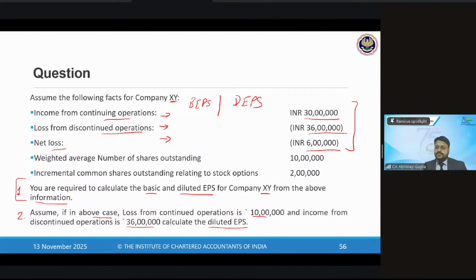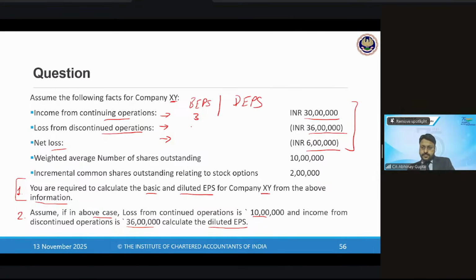What's the answer? I think it can be done even without a calculator. Yes, we have to ignore the loss from discontinued operations. So we will take 30 lakhs upon 10 lakhs weighted average number of shares. So it comes to 3 rupees. Basic earnings.